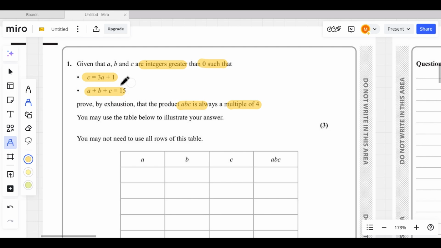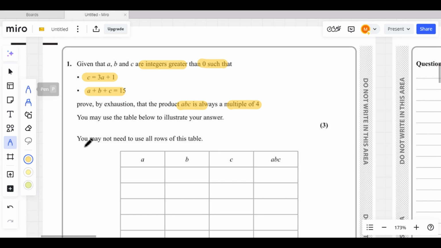So here what we need to do is take a value for A, and using the value for A, you will find the value for C, and then you will plug the values for A and C into the second equation to get the value for B, and then you will show your product in the fourth column.